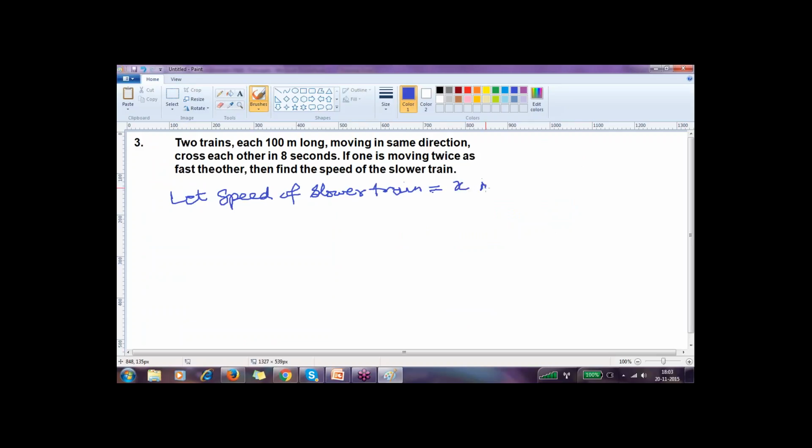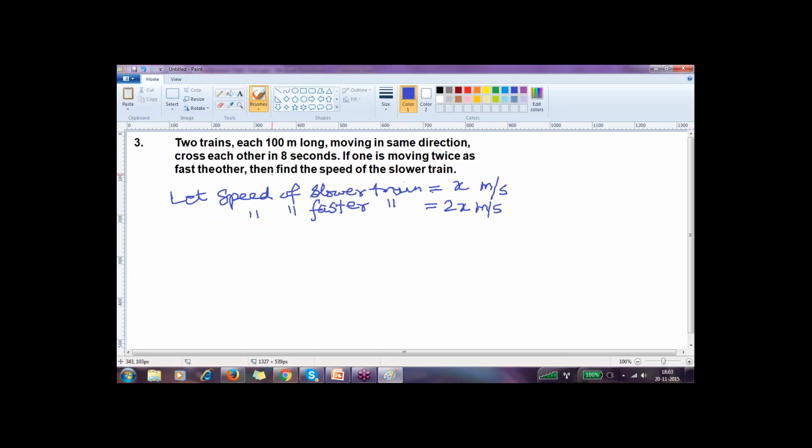X meters per second. And what is the speed of the faster train? Speed of faster train is equal to how much? 2x meters per second. Okay, this is given in the problem.